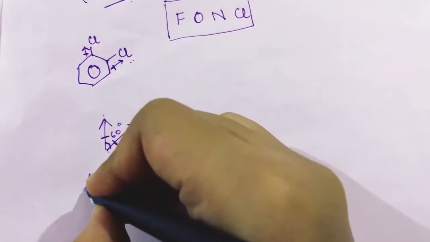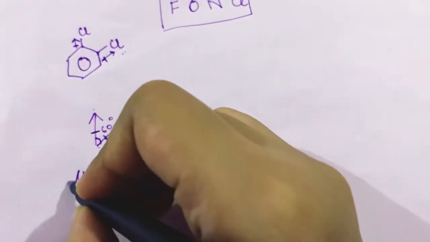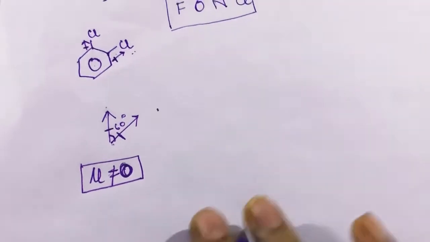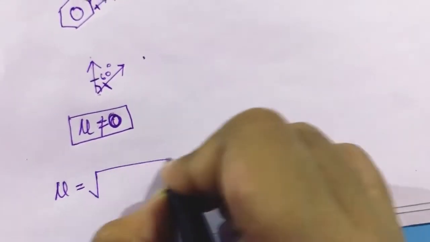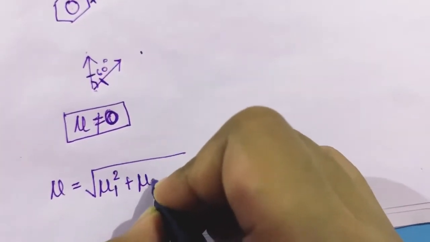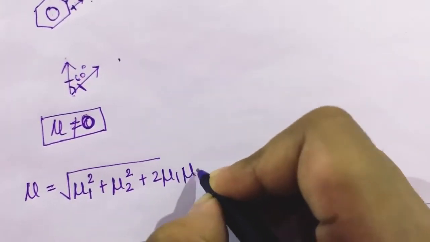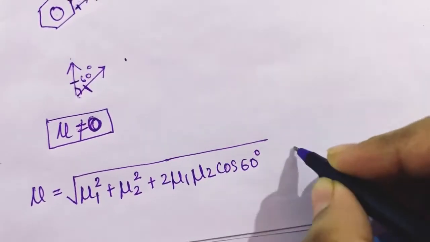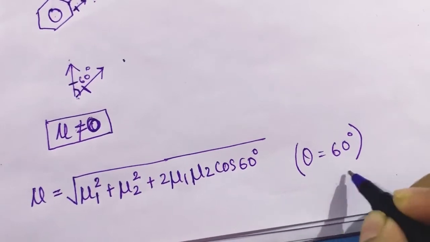Therefore here the net dipole moment is not equal to 0, and the dipole moment will be equal to the square root of mu1 square plus mu2 square plus 2 mu1 mu2 cos 60 degrees, because here theta is 60 degrees, the angle between the two dipole moments.